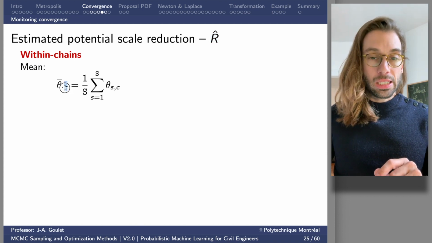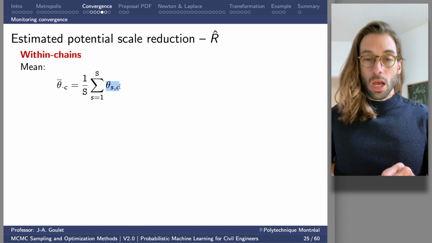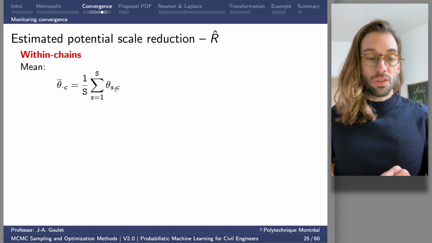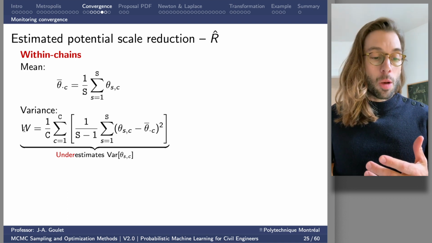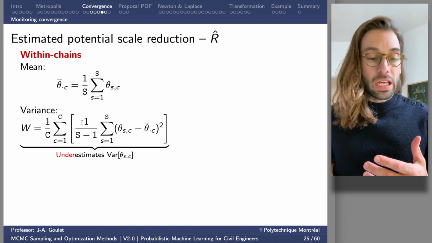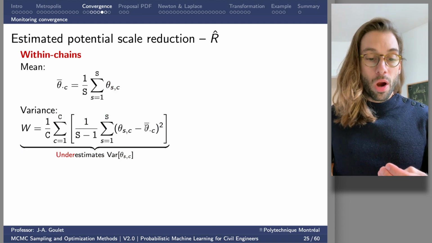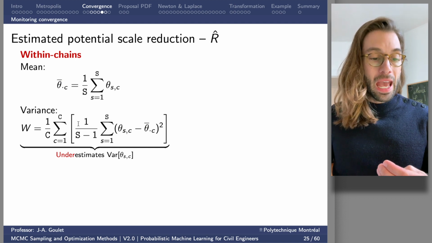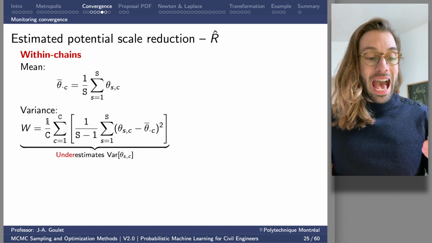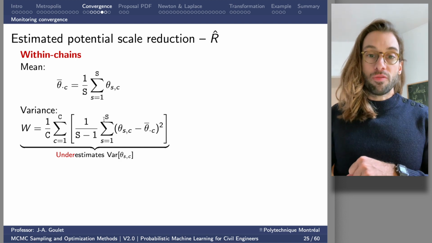For each chain C, the mean value is going to be 1 over S, the number of samples in each chain, where I sum the samples for each chain C. Then the variance estimate W is going to be the empirical variance for each of my chains, where the respective mean of each chain is given by my approximation here. And then I'm going to take the average, 1 over C, of the sum of the variances of each of my chains.